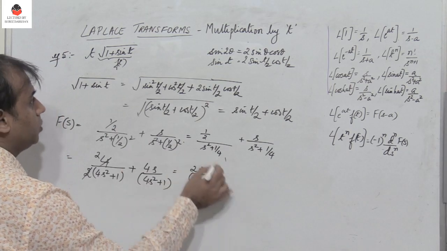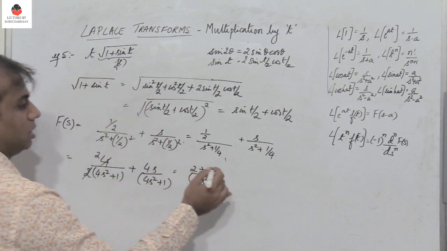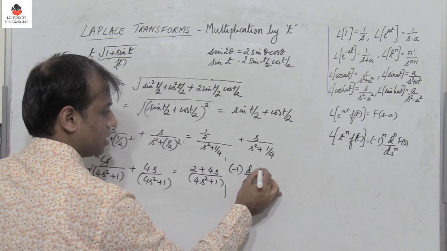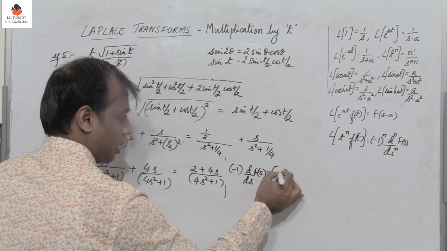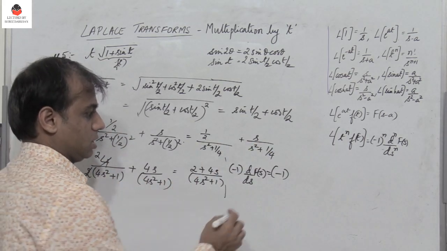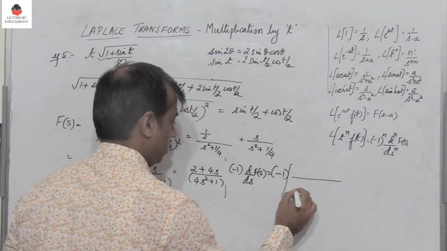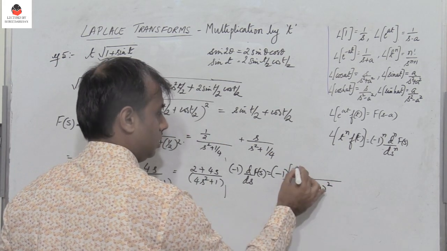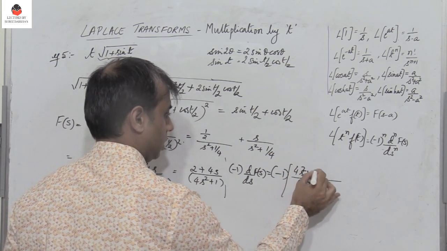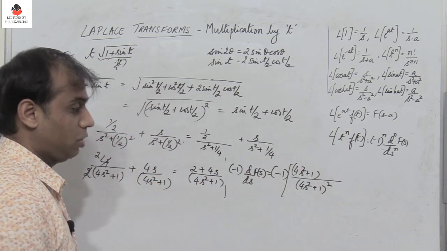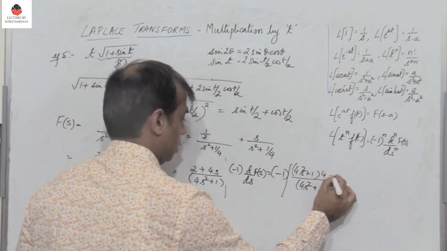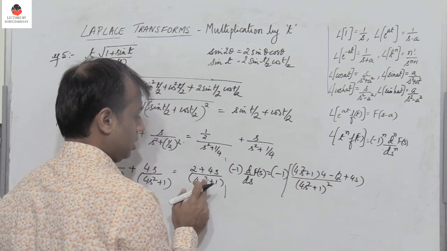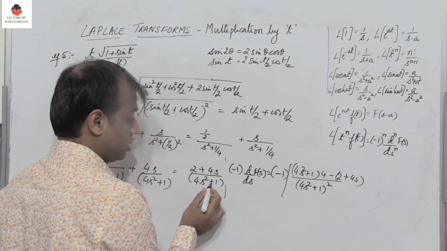So now what do we have to do? This is multiplied with t. So I need to perform minus 1 d by ds of f of s, which is minus 1. Differentiate this. So you have denominator square, 4s square plus 1 the whole square, denominator into differential of numerator, which is 4, minus numerator into differential of denominator, which is 4s square plus 1 is the denominator.